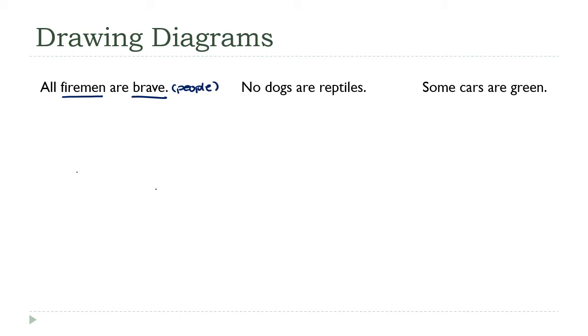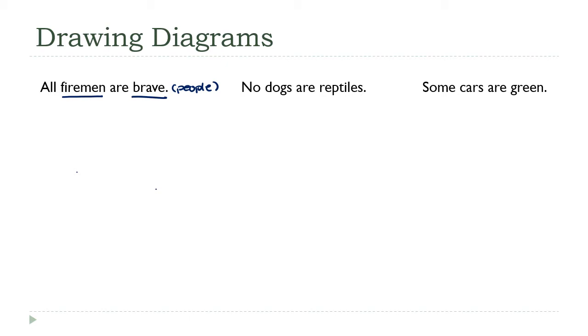And the way these Euler diagrams work is I'm going to draw one circle for each group. And what's really significant is where these circles are positioned with respect to each other. So first, think about what this means. All firemen are brave, or brave people.